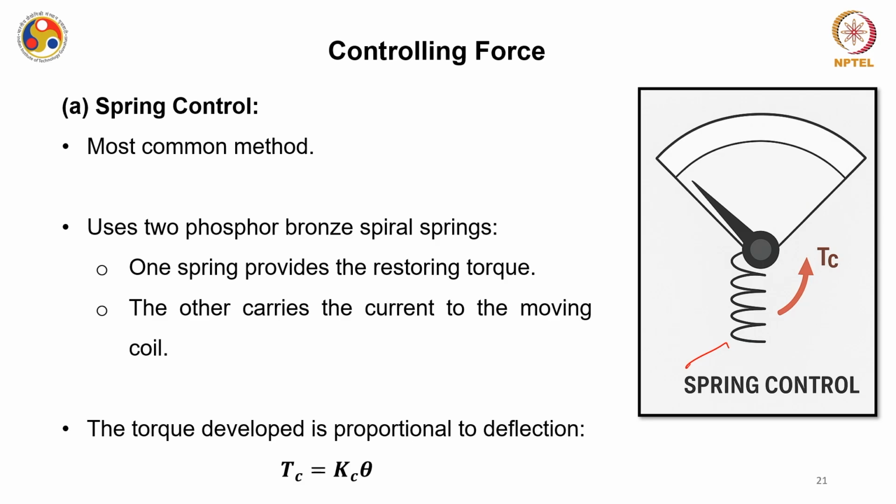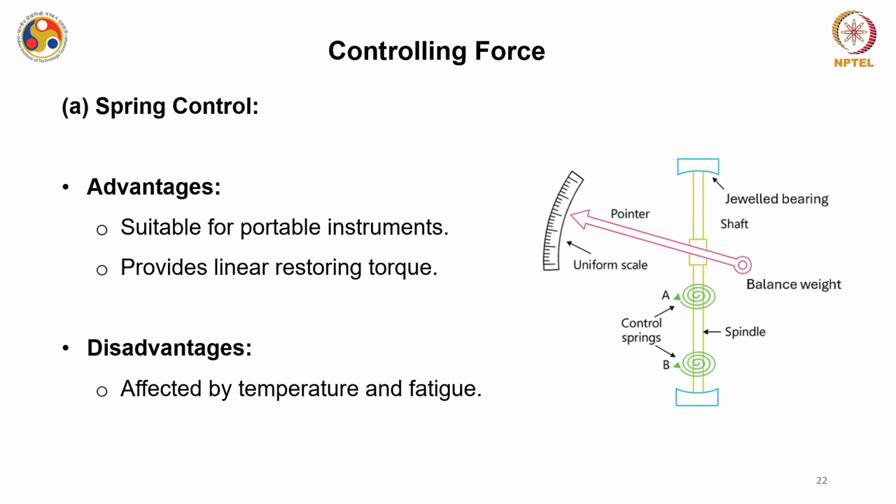However, the torque developed is again proportional to the deflection, or Tc is directly proportional to the angle of deflection. The advantage of spring control is that it is suitable for all portable instruments, because you do not have that extra weight added, and it provides a linear restoring torque. That's why I mentioned that in most cases the restoration is linear in nature.